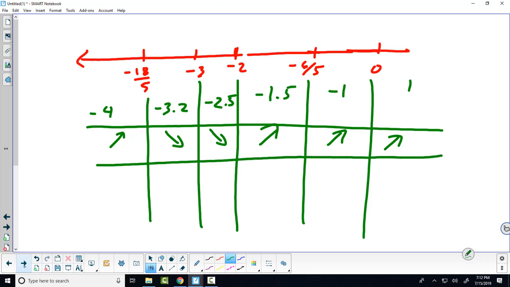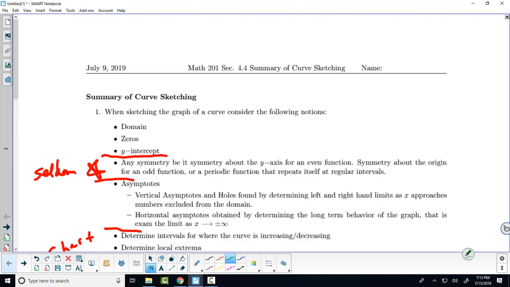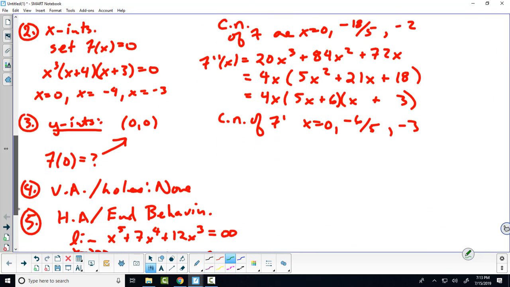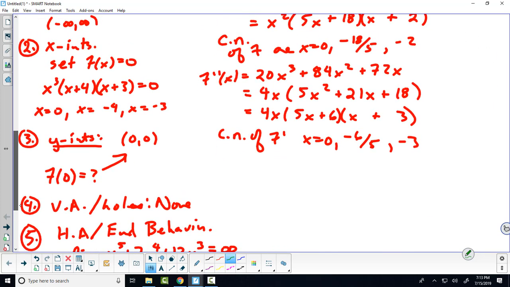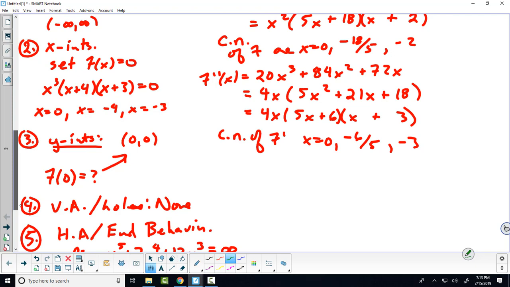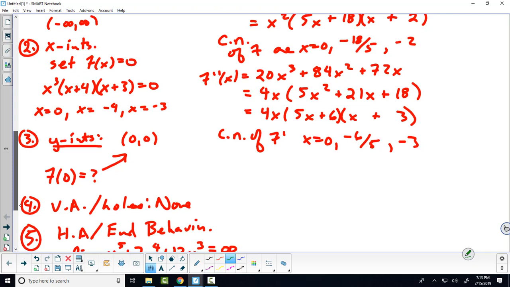Okay, so those were f prime of the test point. And then we'll look at f double prime of the test point. So we plug these into the second derivative. Besides the sign, 6 fifths and 3.